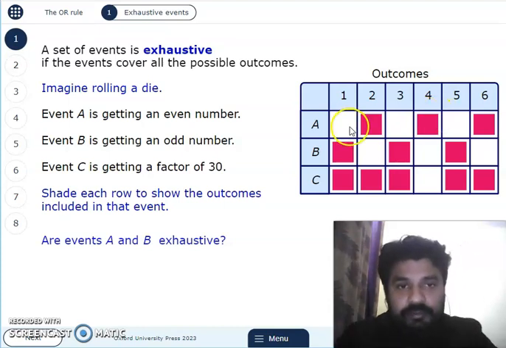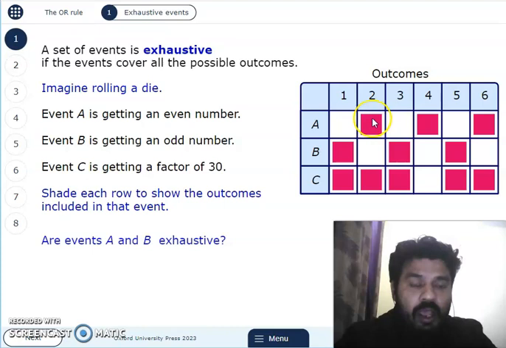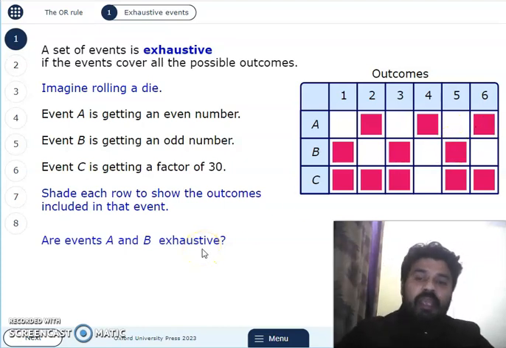So let's check. We are checking in A and B. So 1 is not covered here, but 1 is covered by B, and 2 is covered here, 3 is covered here, 4 is covered, 5 is covered and 6 is covered.